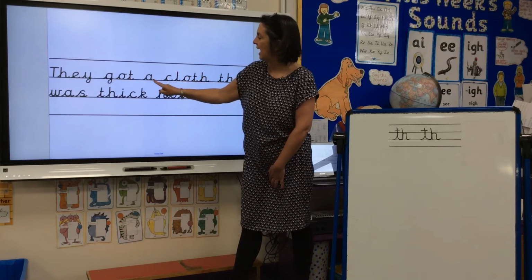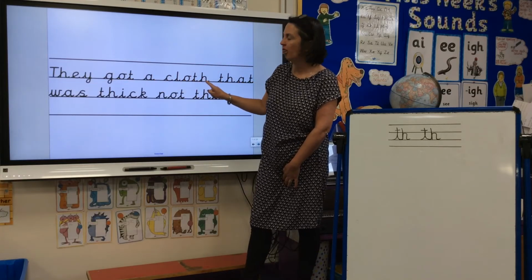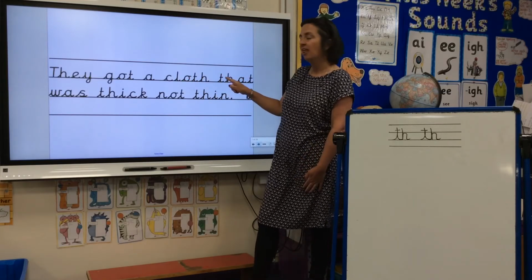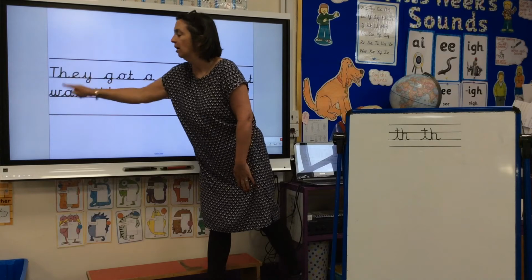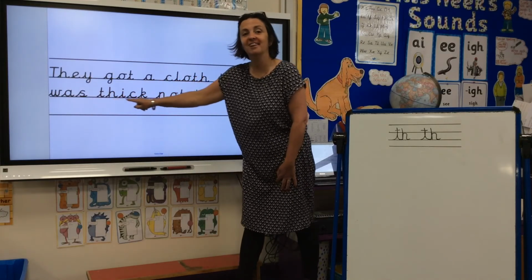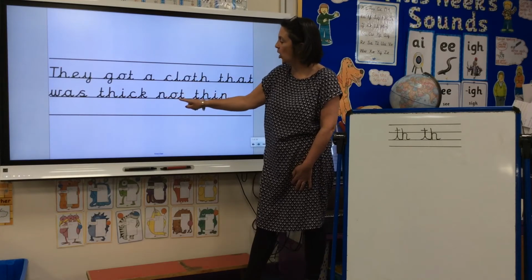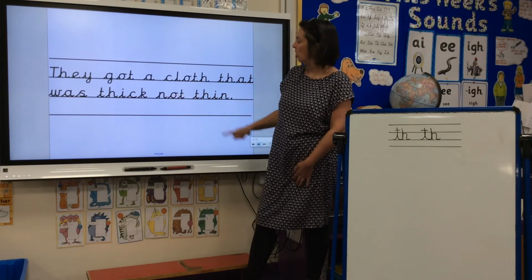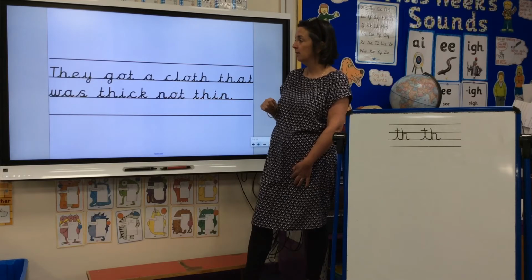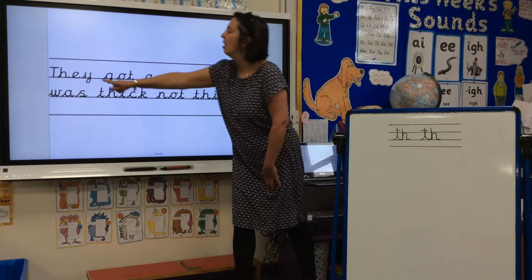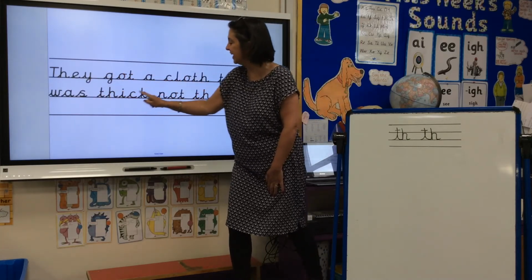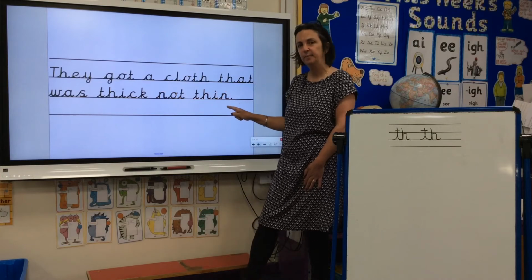They got a cloth that was thick, not thin. Well done. Now we'll read it back so it makes sense. They got a cloth that was thick, not thin.